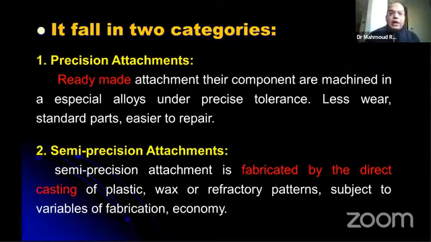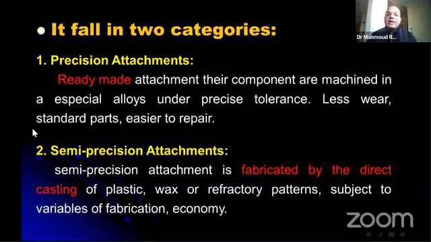Attachments can also be classified into 2 categories: precision attachment and semi-precision attachment. Precision attachment is a ready-made attachment. Its components are machined in special alloys under special and precise tolerance. It has less wear, standard parts, and is easier to repair.